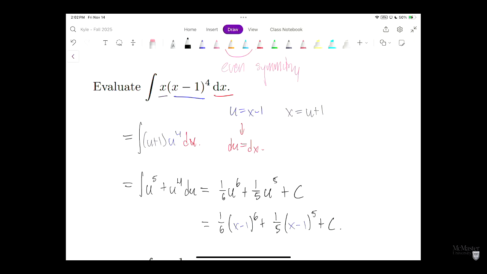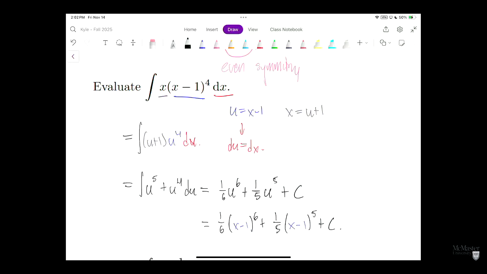That's a good question. So let me go through our reasoning one more time. We saw that this is a polynomial function, right? It's in factored form, but it's a polynomial function, which means we should be able to easily compute its antiderivative. What's tricky is the fact that we have the power of 4 on that x minus 1. If I wanted to expand it out, I would need to expand out a power of 4, which is very tricky.